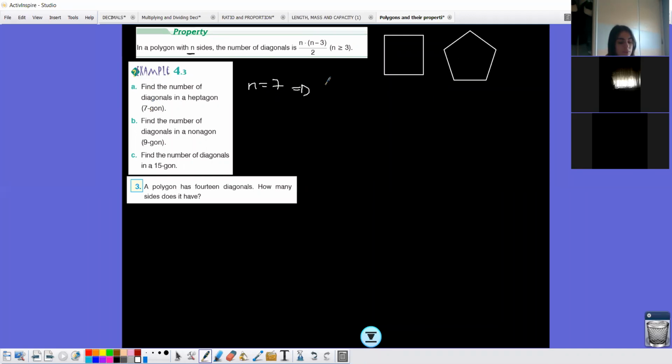The formula is n times (n minus 3) over 2, which will be 7 times (7 minus 3) over 2. 7 minus 3 is 4, over 2. I can simplify 4 and 2. It will be 7 times 2, 14. So we have 14 diagonals in a heptagon. Okay?